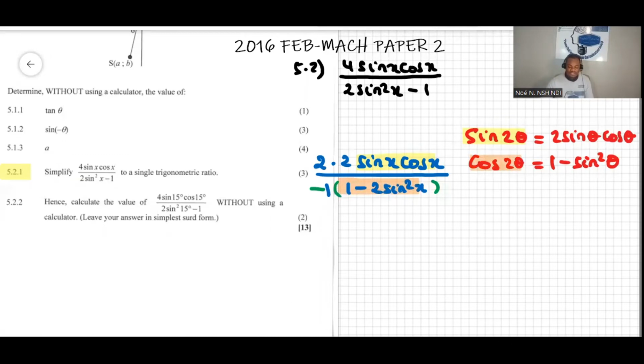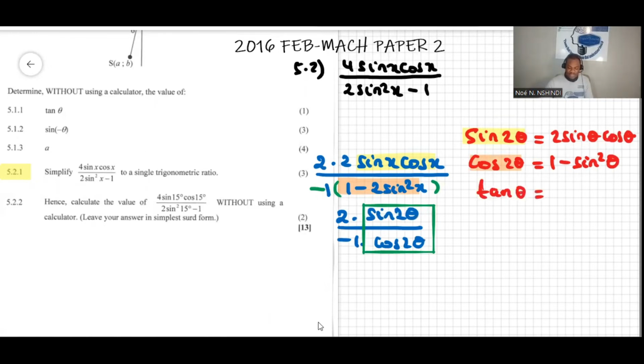So now we notice that we have exactly this one. We can reduce this to 2 times sine 2x over negative 1 times cos 2x. And this follows the formula that says tan of the angle theta equals sine theta over cos theta.